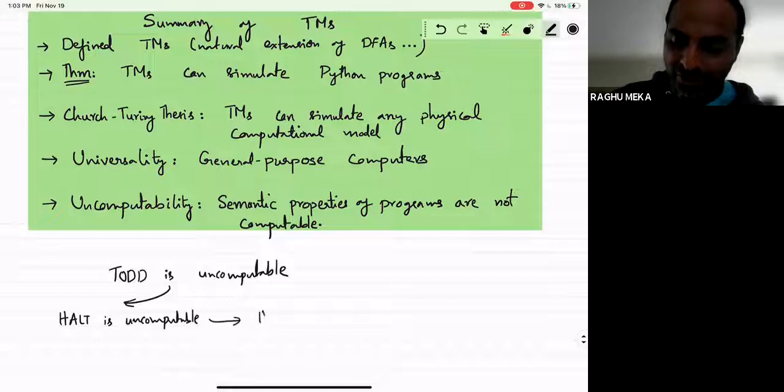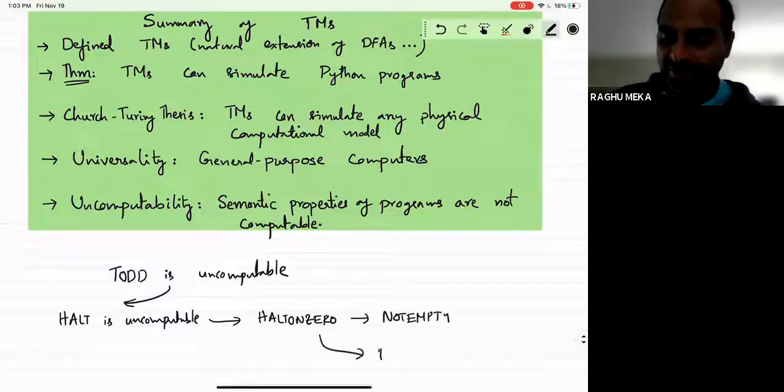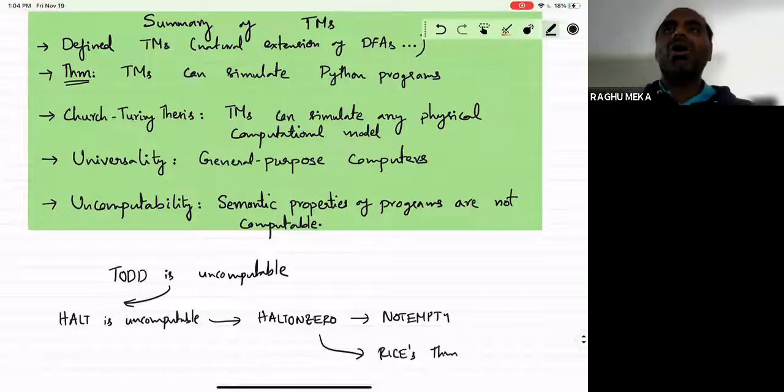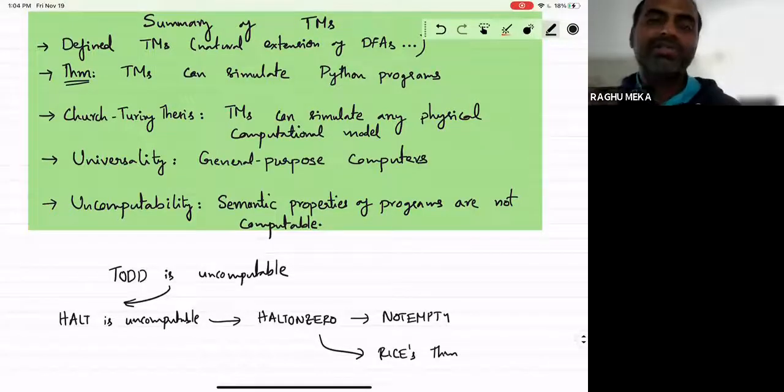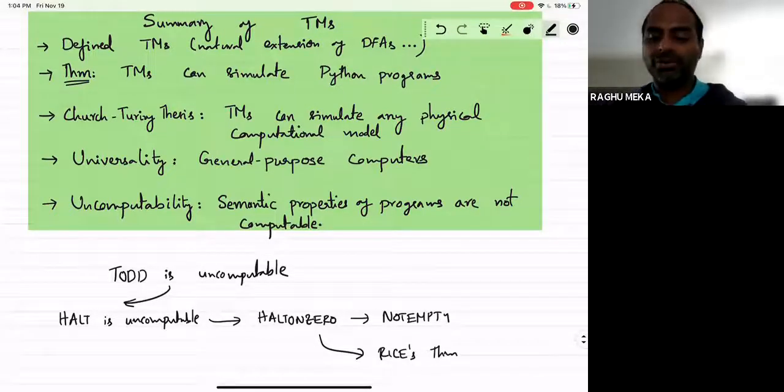And from there, we went to halt on 0 being uncomputable, to not empty. And finally, we also had Rice's theorem. Right? All semantic properties, all non-trivial semantic properties are uncomputable.